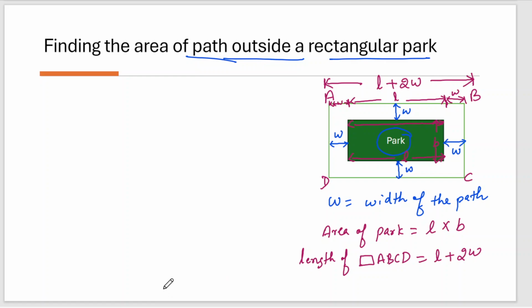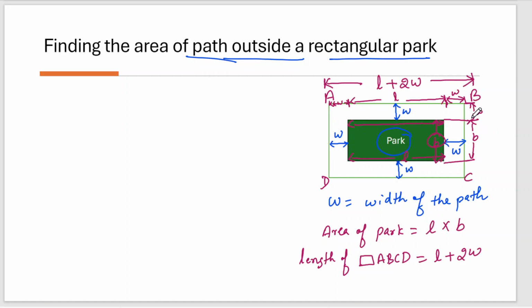Okay, now the same concept you are applying for the breadth also. You can see if you take the reference from here to here, the length is B. Now you can look here. It is again W because there is a uniform path.